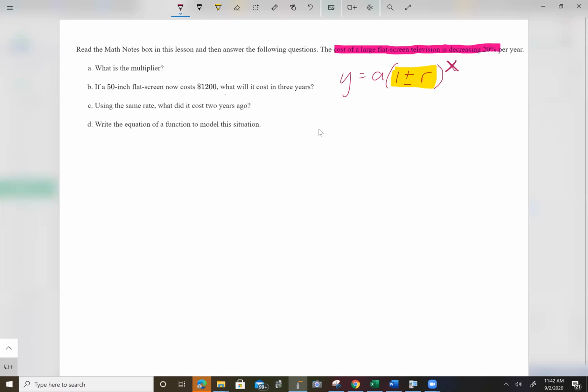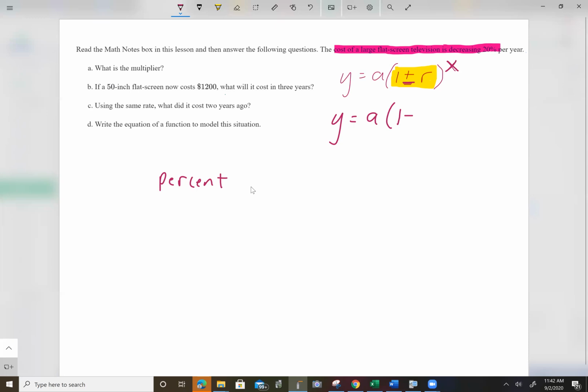If it's decreasing by 20%, we are going to have y equals a. Decreasing, that word means subtracting. So we're going to use the subtracting piece of this: 1 minus, and then don't forget, whenever we use a percent, we have to change it to a decimal.